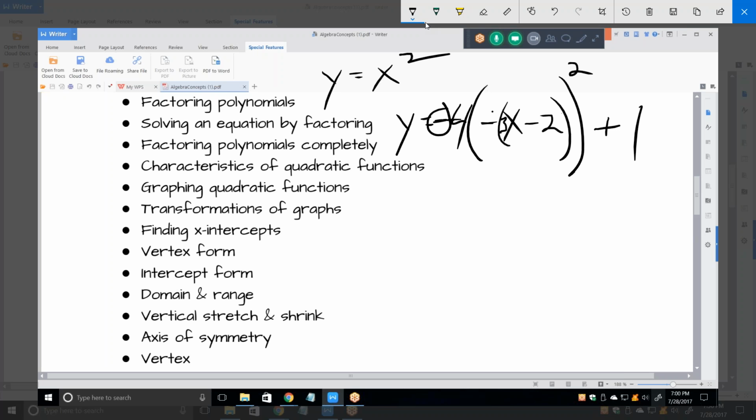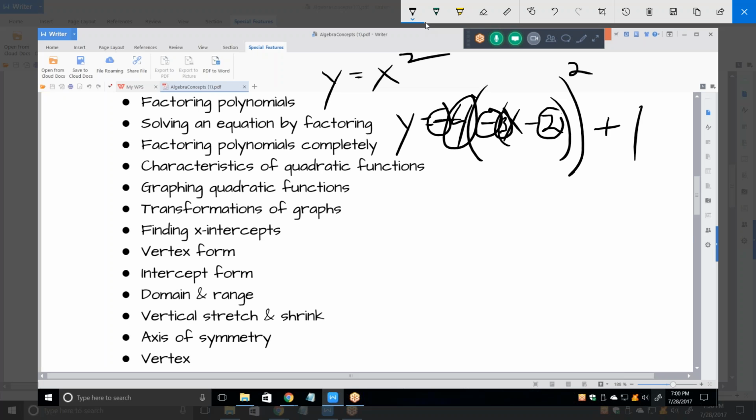Okay. What's that one? It's a horizontal reflection. What's that number? 4. Vertical stretch. Good. What's this number 3? Horizontal shrink. Very good.